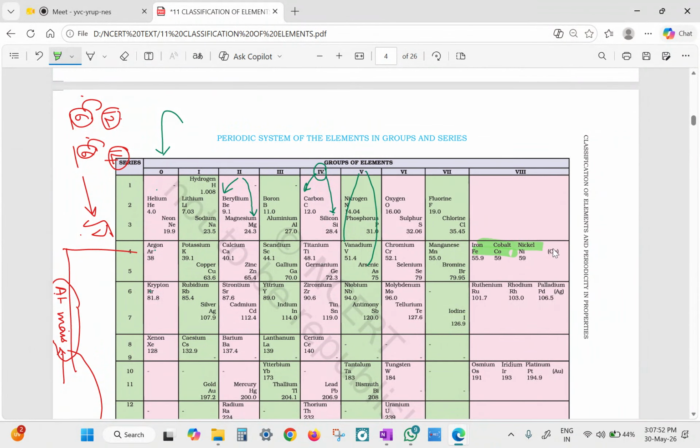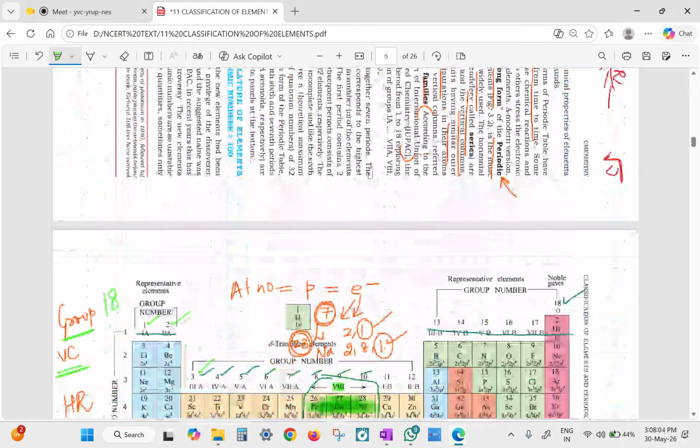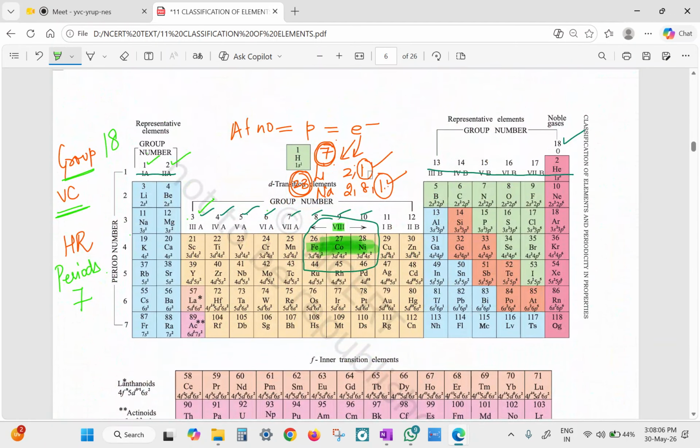So the Roman numerals 0, 1A, 1B, 2A, 2B, all these are from Mendeleev's classification. Whereas IUPAC, the International Union of Pure and Applied Chemistry, says let us drop this 1A, 2A, the group 0 concept, and just number the groups from 1 to 18.